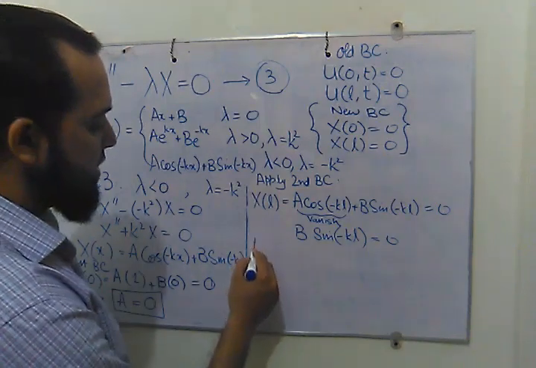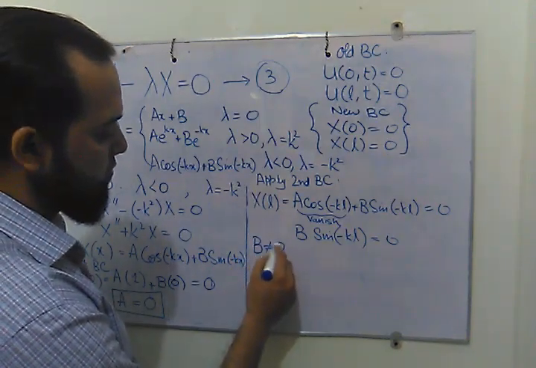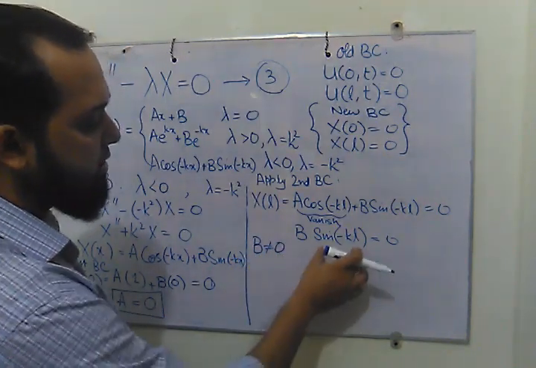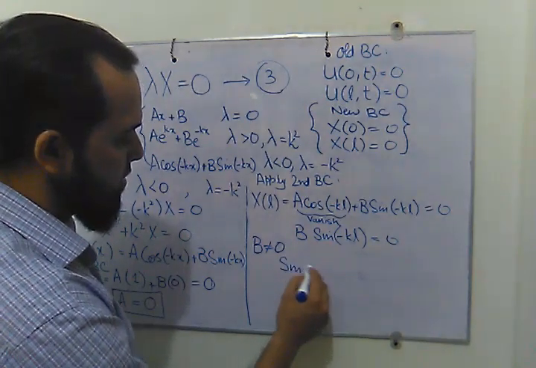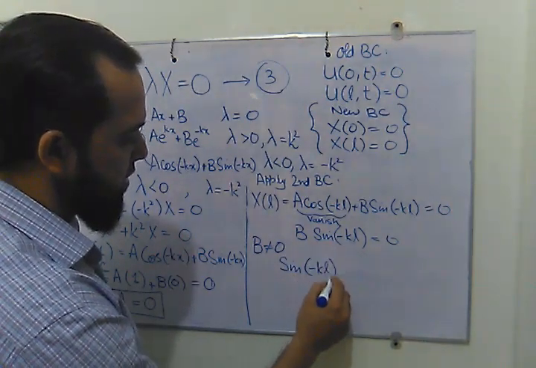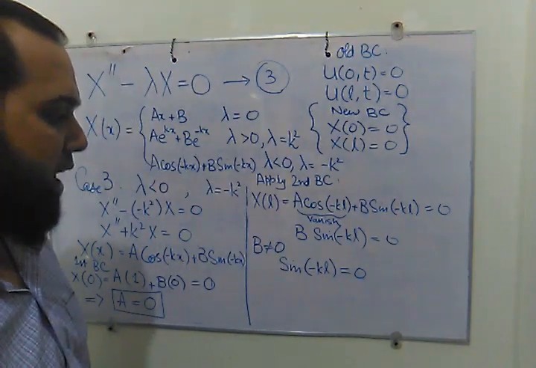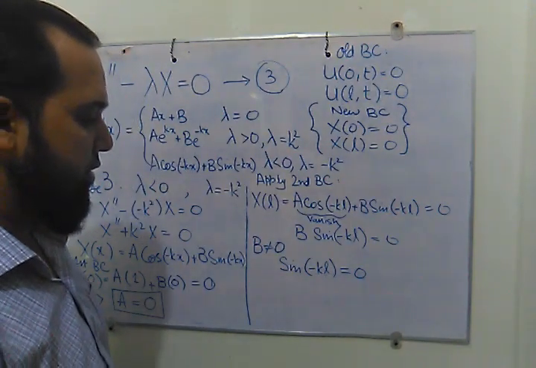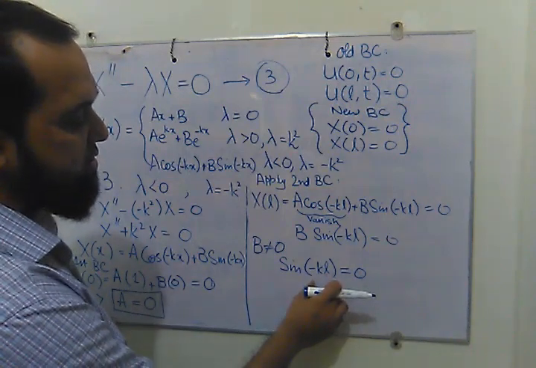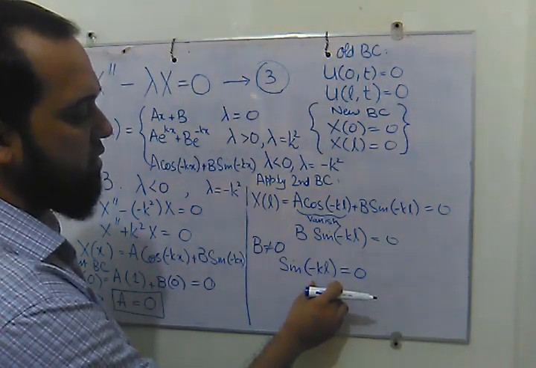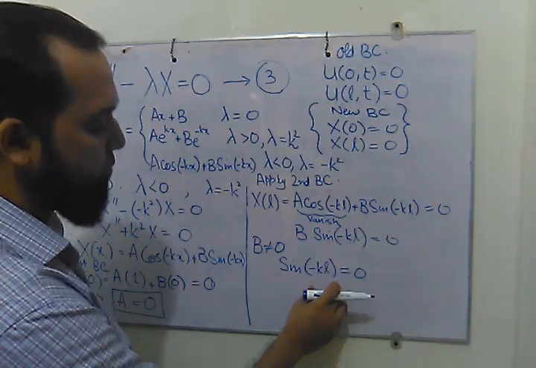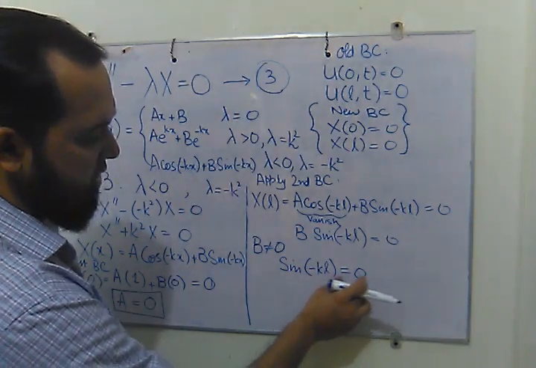Therefore, we consider that b is not equal to 0. We deliberately say that sine minus kL is equal to 0. And we know that sine can have the 0 value if the angle of the sine is pi, 2 pi, 3 pi or up to n pi. For any multiple of pi, we can have this equal to 0.